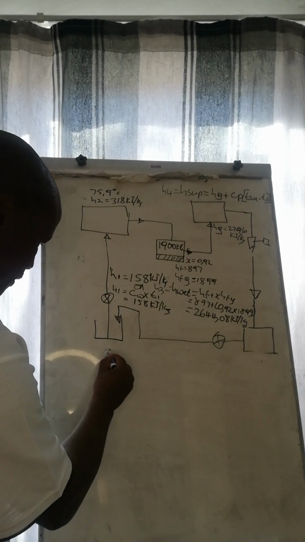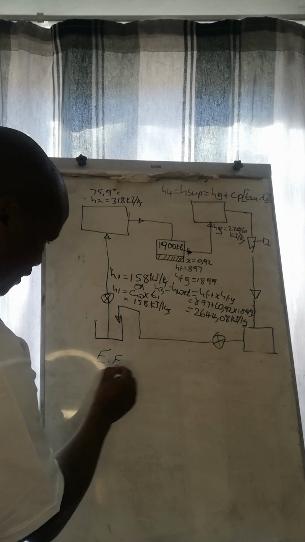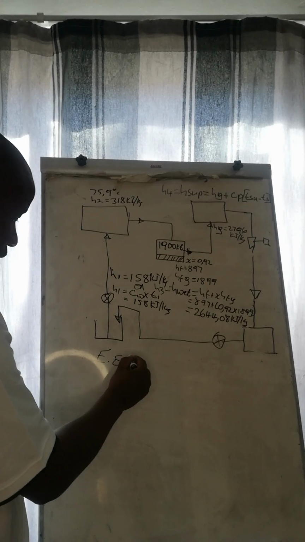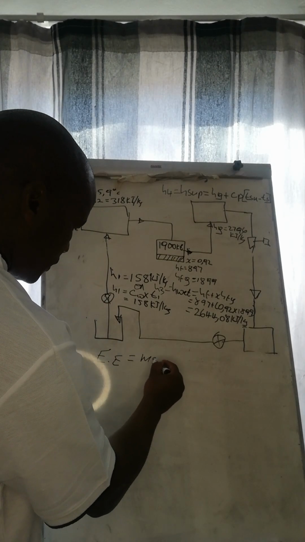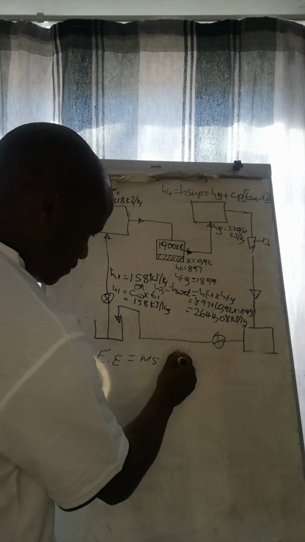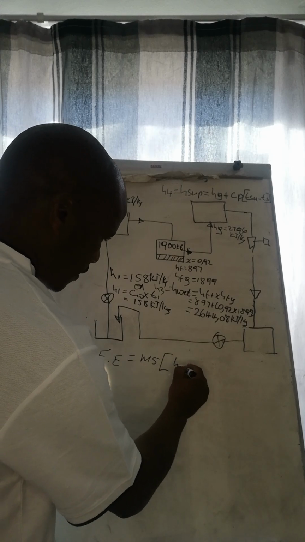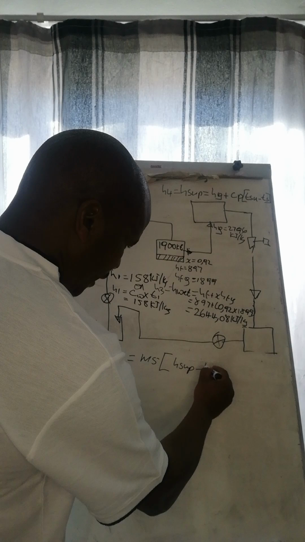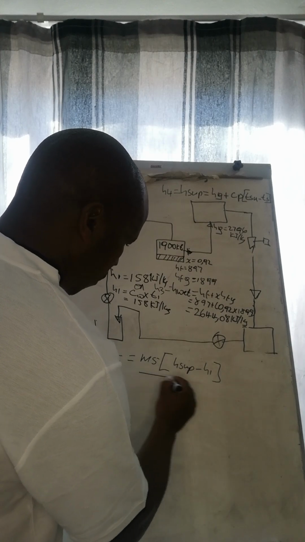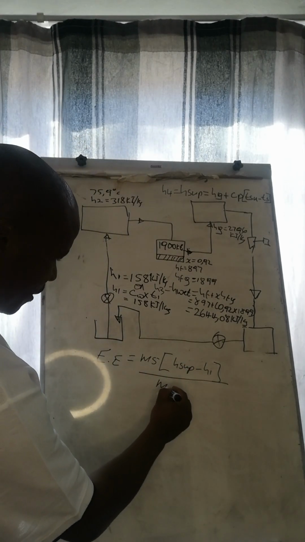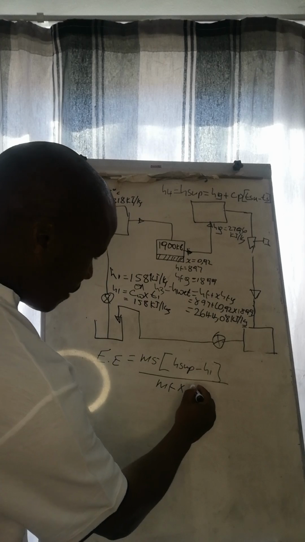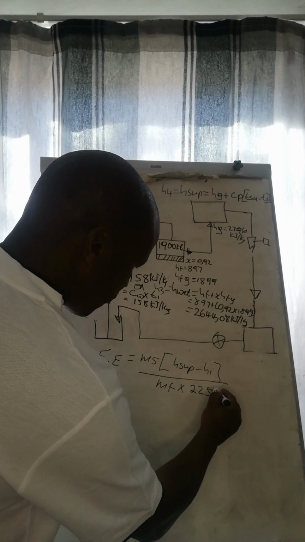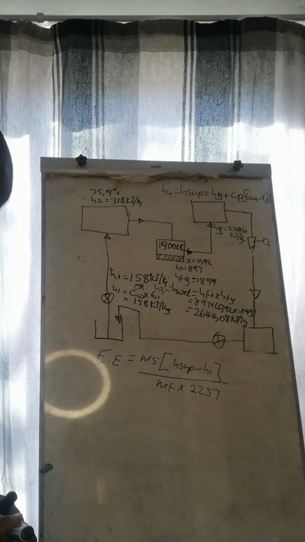Equivalent evaporation is equal to, same story, the mass of steam over H4 or H sup minus H1, over the mass of fuel multiplied by 2257.